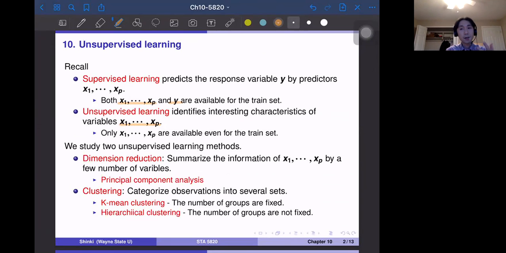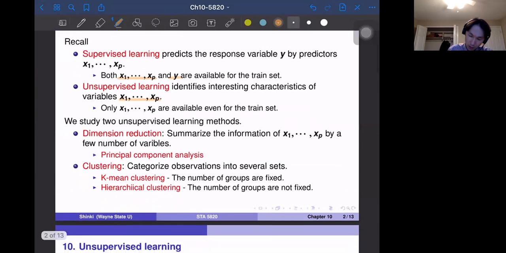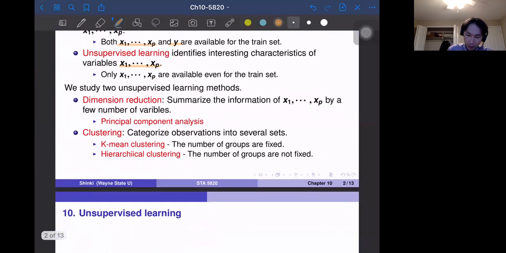Not really predictors, just variables that we want to summarize, or for which we want to identify, for example, how many groups are in that data set. So we don't have any Y here.